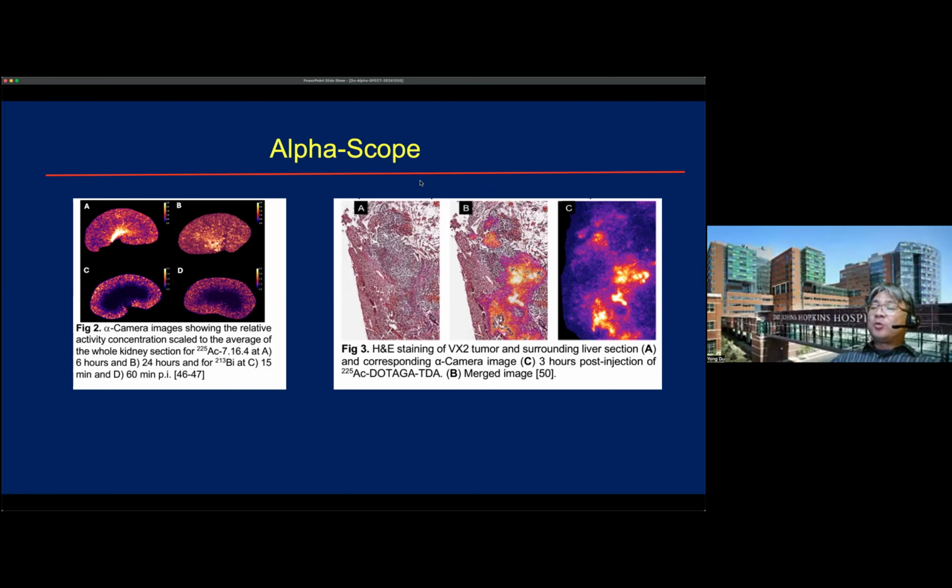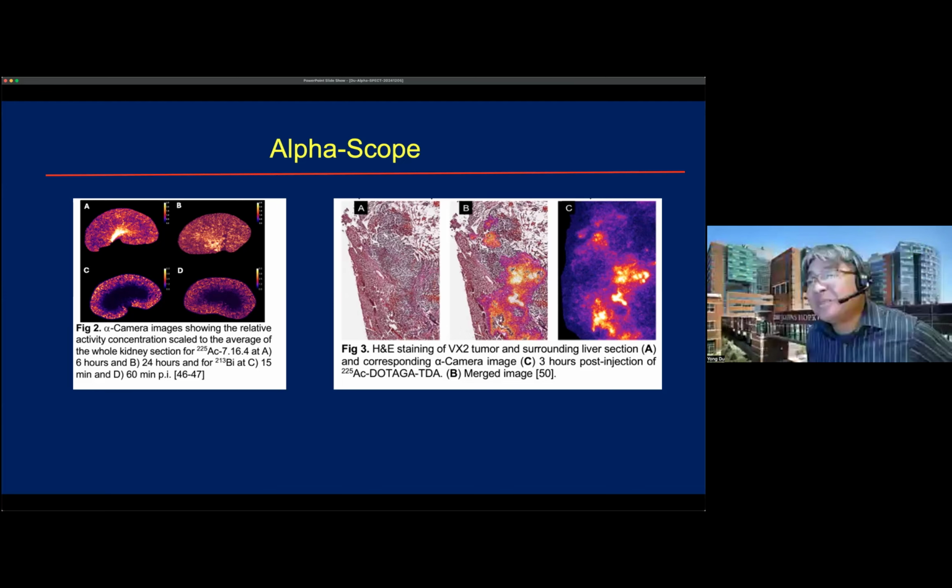So for the F-scope, we try to develop a much higher resolution small SPECT system, targeting a resolution of about 100 micrometers. Hopefully we can image organs or tumors with much better resolution, to provide ideas on how alpha particles kill the cancer and damage normal organs, for microdosimetry calculations and also for efficacy studies.